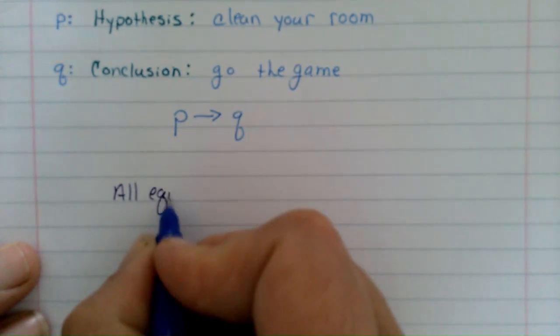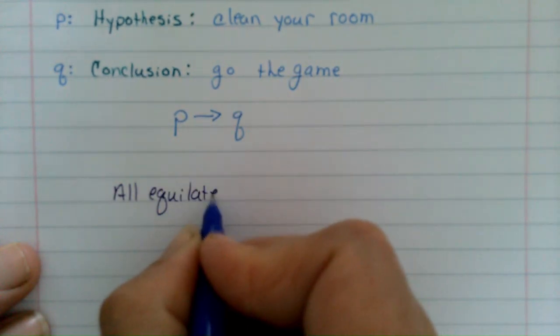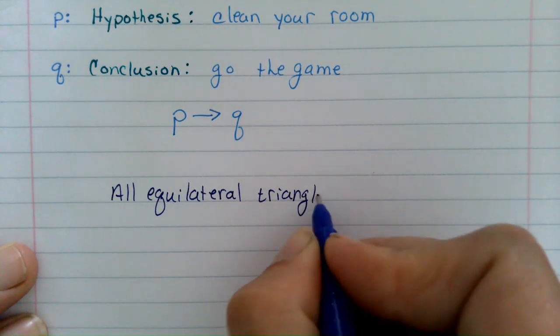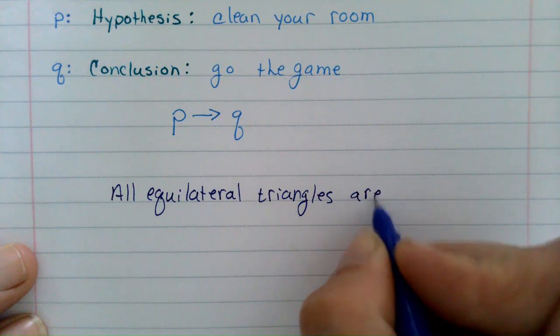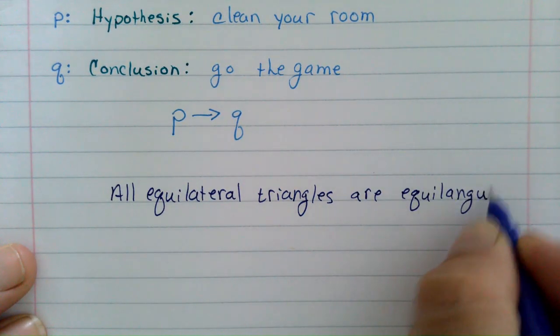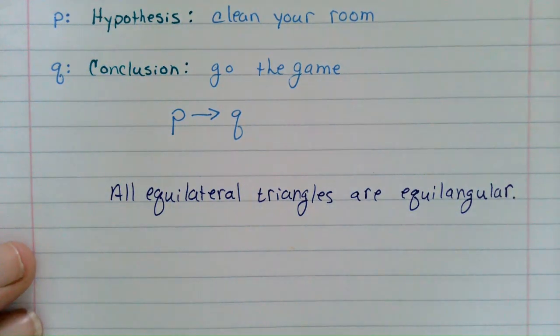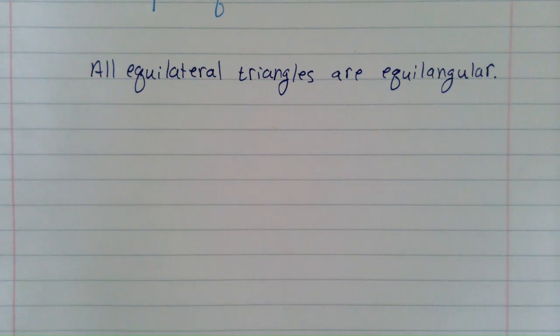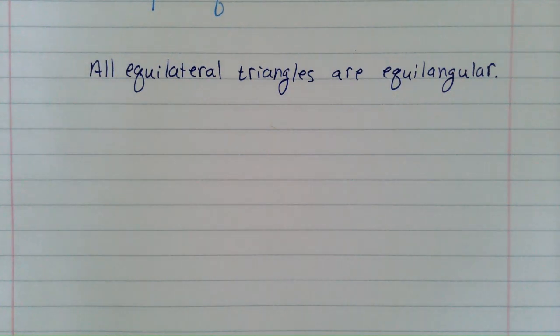All equilateral triangles are equiangular. There's a statement. It doesn't have a hypothesis and conclusion that we can see. So how could I turn this? Okay.